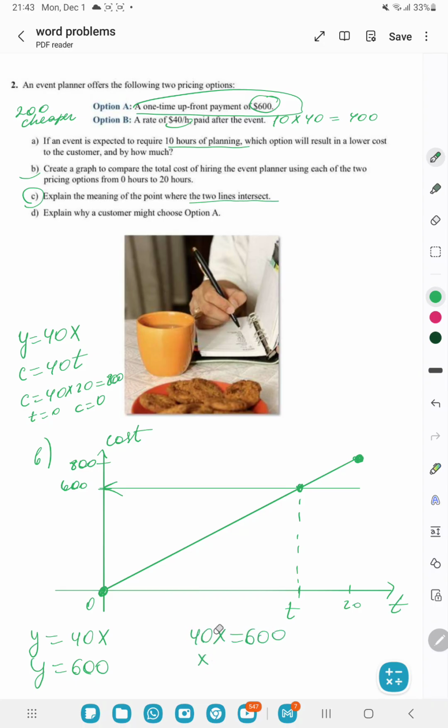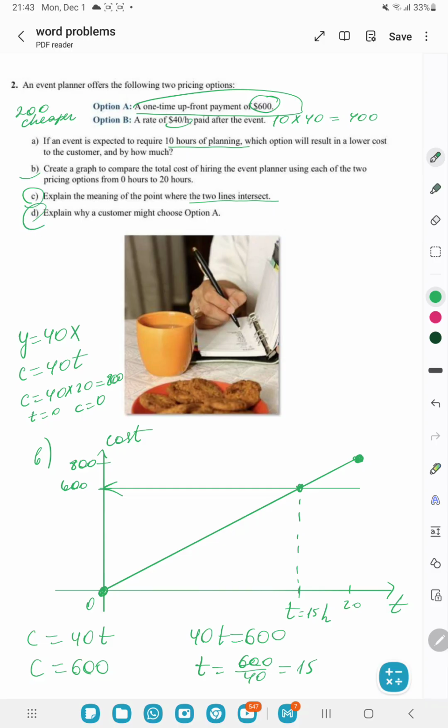And x or t doesn't matter, let me write t. Here the cost is the same, so t equals 600 divided by 40, which is 15. So t is 15 hours. For 15 hours, it doesn't matter which option you choose.